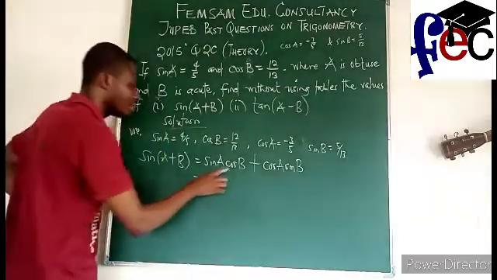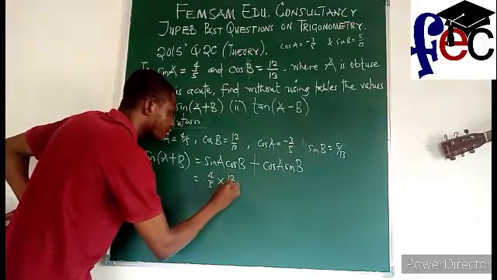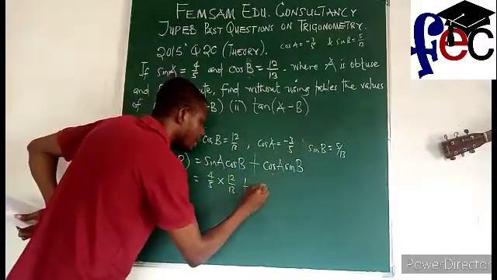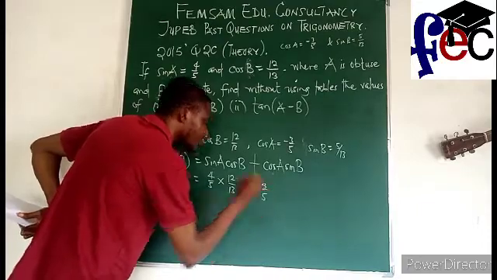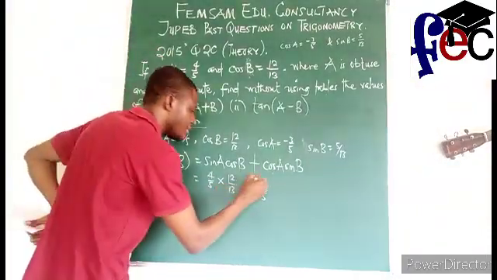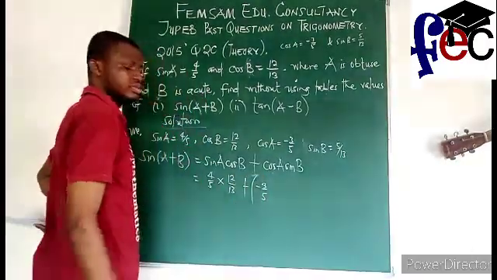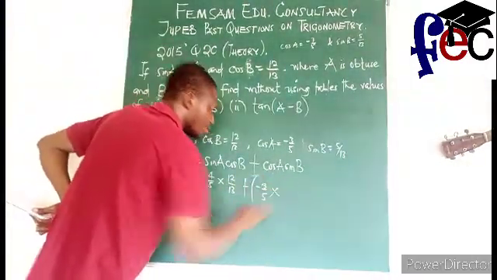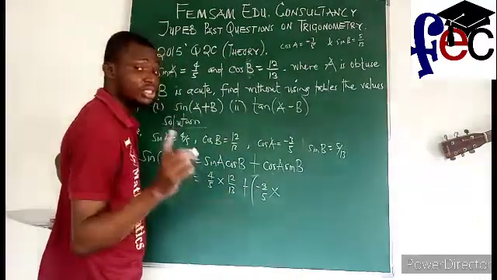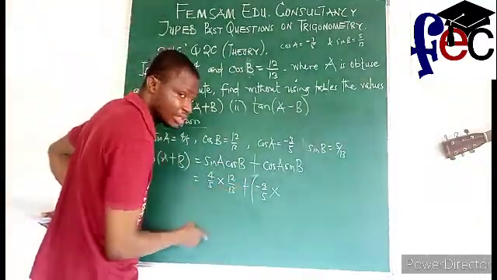Cos B is 12 over 13 plus, what is cos A? Minus 3 over 5. Oh, I understand. You might be confused here. So permit me to introduce a bracket to separate this sign from this, so that you will not carelessly go and say plus times minus, okay?